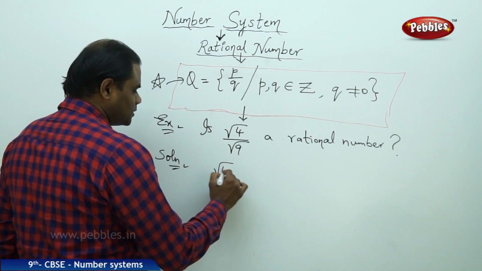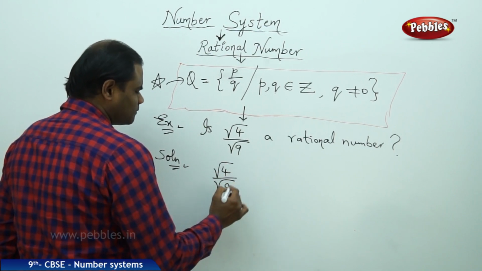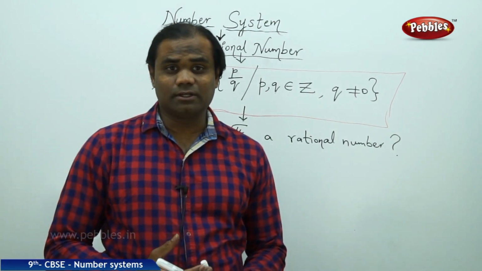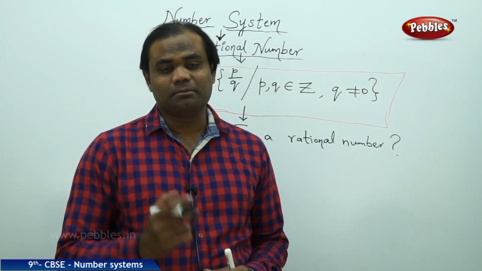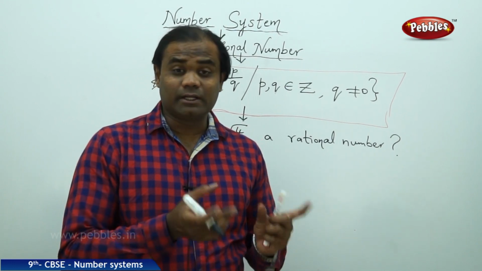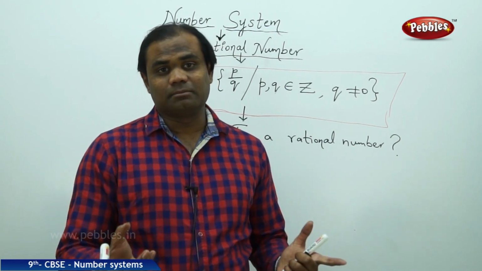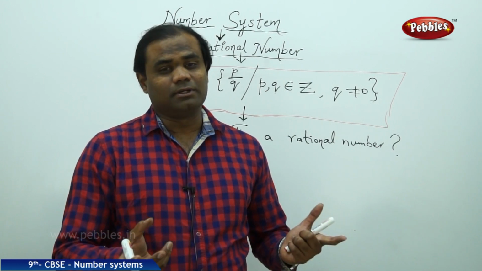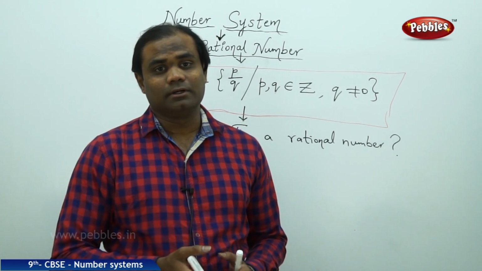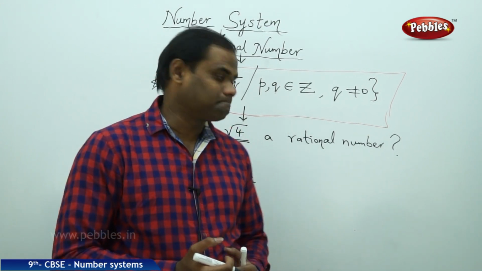Now the given question is √4/√9, which can be further simplified. As we have discussed even in the previous sessions, a number needs to be completely simplified before we justify that number being a rational number or a natural number or a whole number or an integer or any other number in the branch of mathematics.